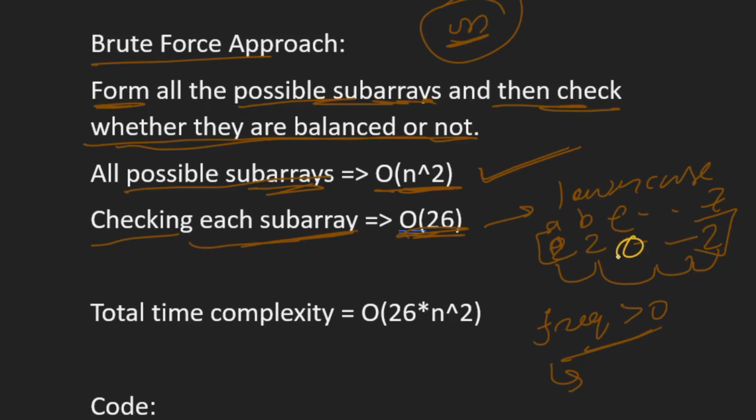Suppose here c is 0, so we won't consider it; we consider only those whose frequency is greater than 0, and then check whether their frequencies are equal. So the total time complexity will be big O of 26 into n square, and as per the constraints, this solution will be feasible.